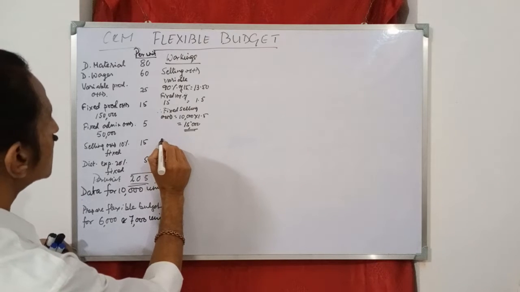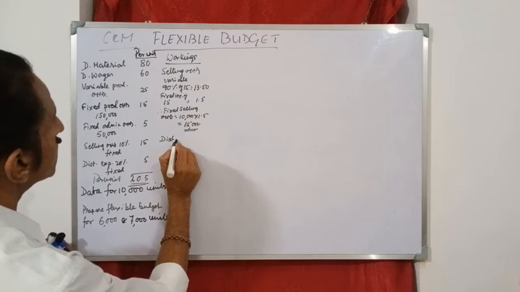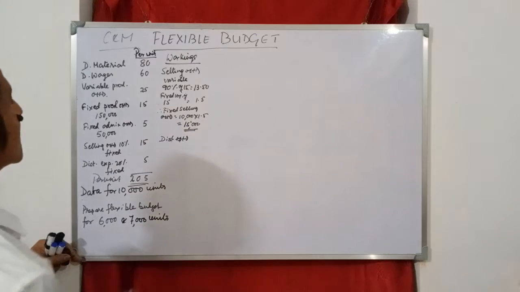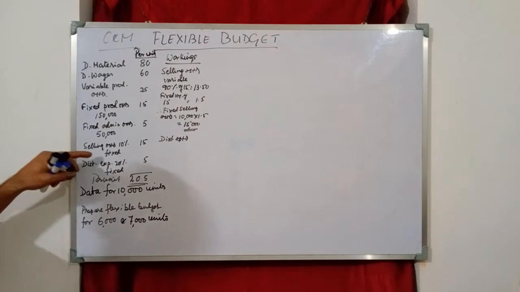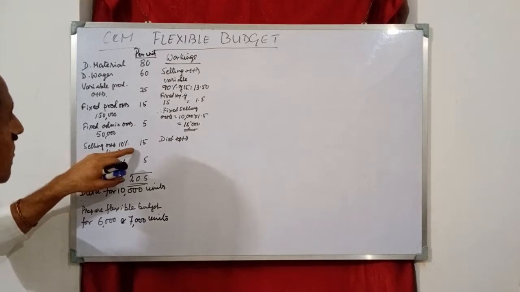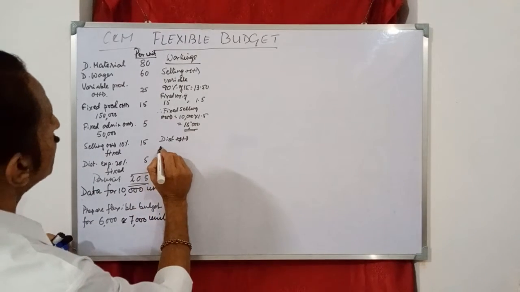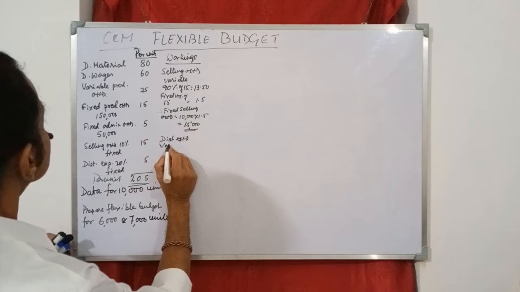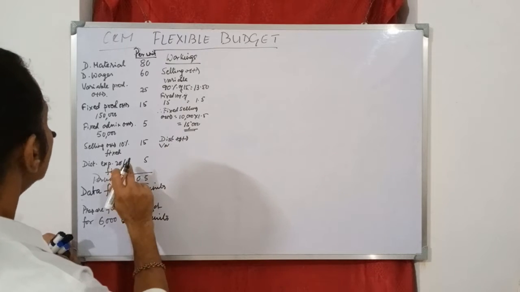Next, come to distribution overhead. It is said that 20% is fixed.